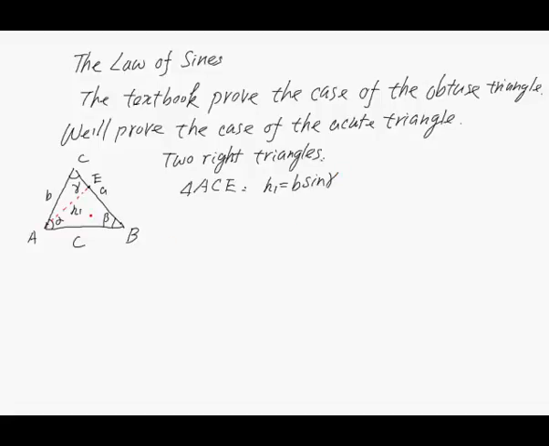Now, in the right triangle ABE, we can also get this H1, which is the length of the side opposite the angle beta. So this H1 is equal to this hypotenuse C times the sine of beta.